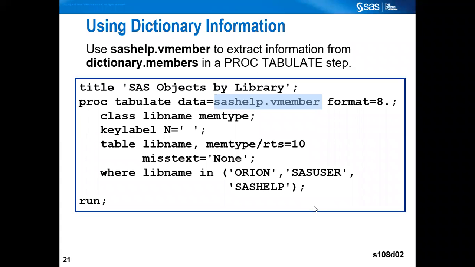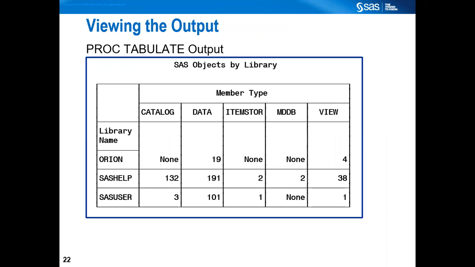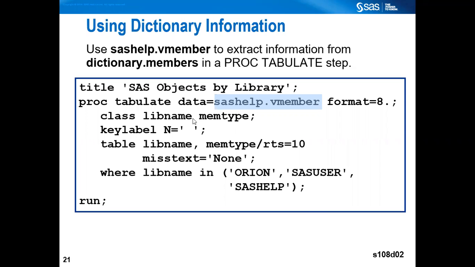So when you submit this proc tabulate, you get the tabular description about library name. That means we have selected Orion, SASHELP, SASUSER. Now this is taking your row dimension and its member types are taking column dimension. So why is it coming? Because you have selected in this way libname, memtype in the class statement, and you want them in a table structure in this form.